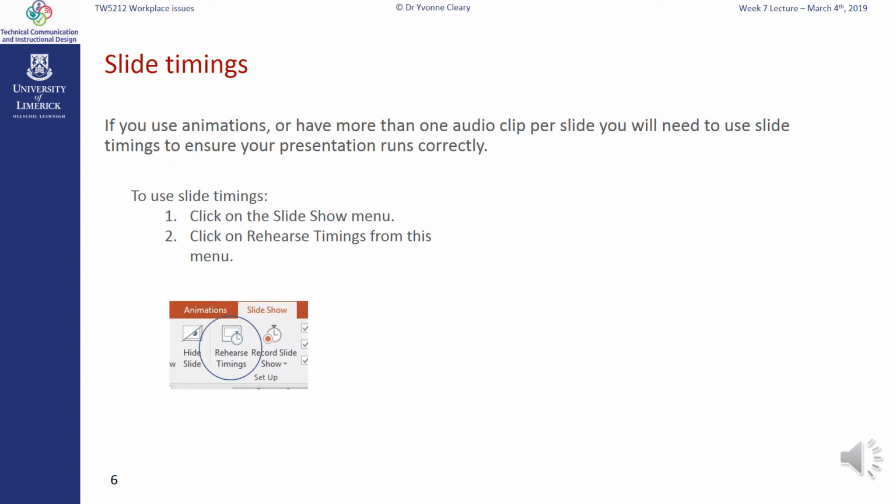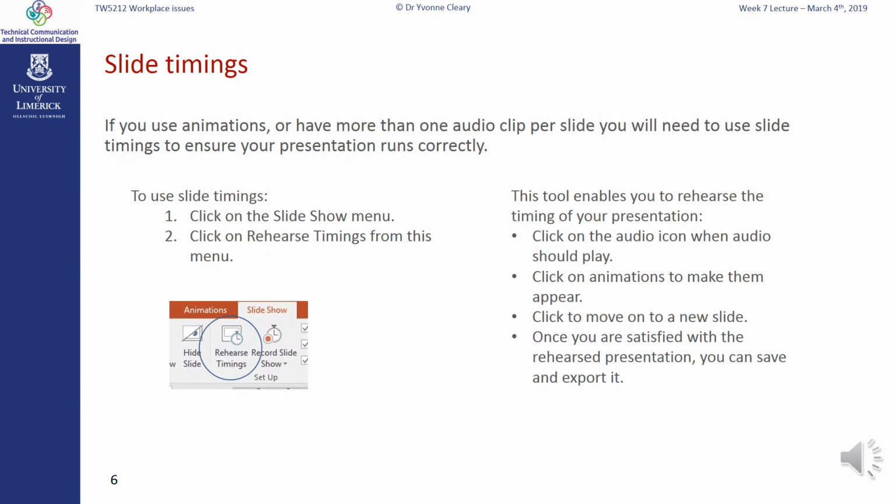So the rehearse timings tool enables you to practice your presentation. You click on the audio icon when the audio should play. You click on any animations or on the slide to make any animations appear, and you click to move on to a new slide. So once you're satisfied with the timing of the rehearsed presentation, you can save and export it.